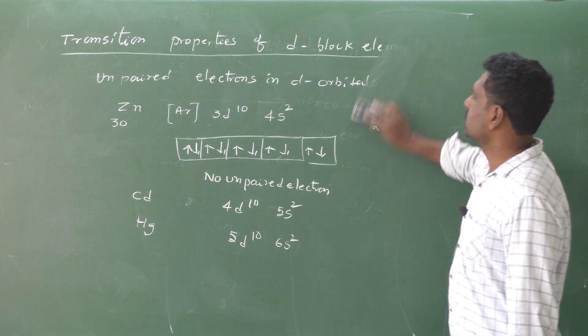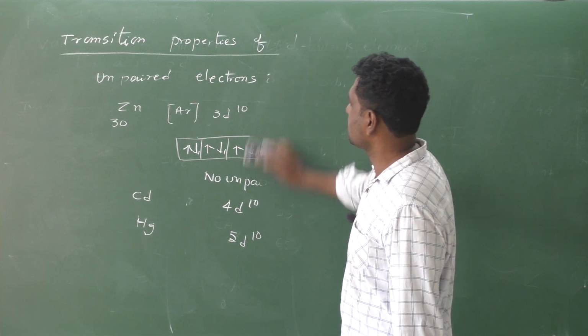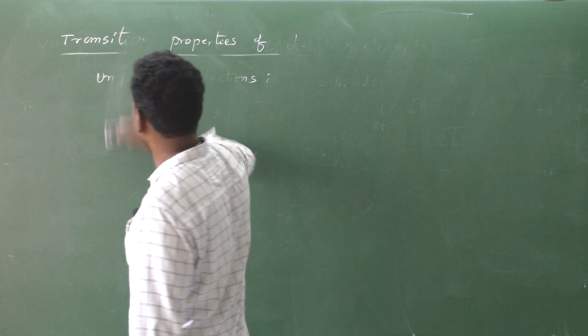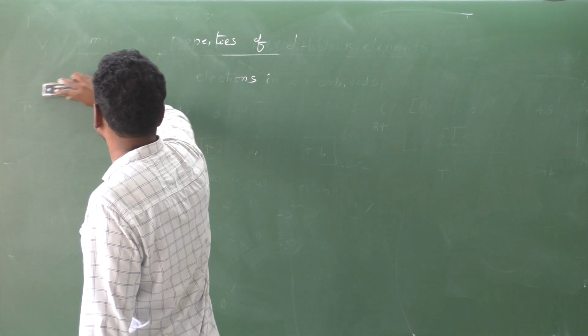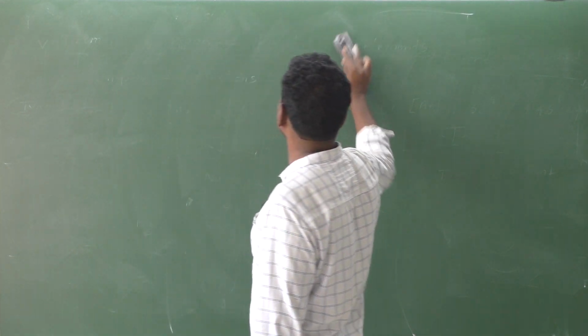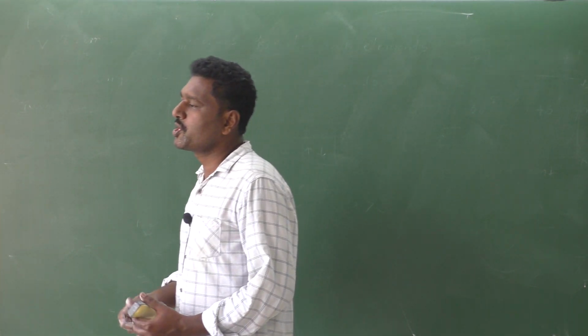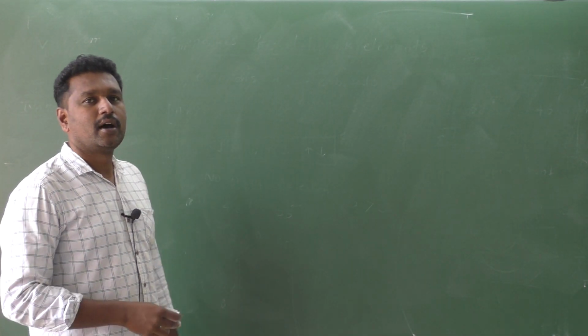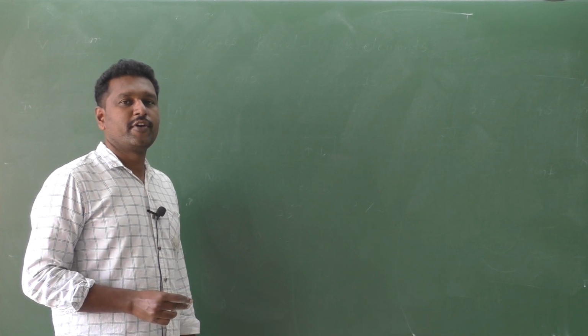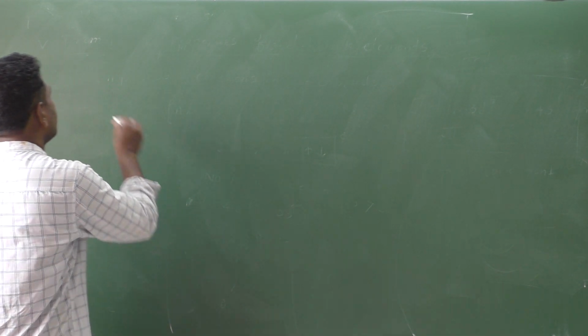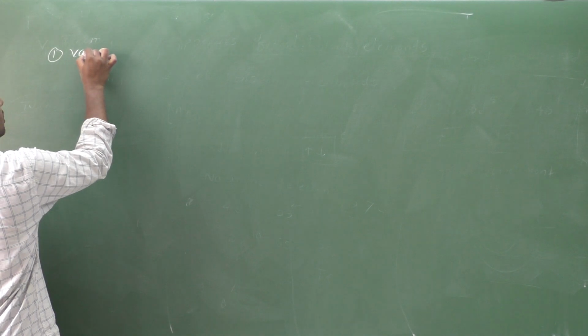What are transition properties? The first one is variable oxidation states.